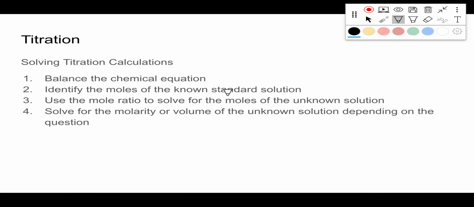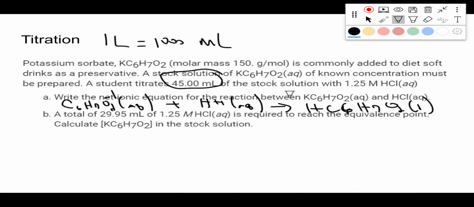So if I go back to my previous slide, it says first, balance the chemical equation. Next, identify the number of moles of the known standard solution. So I have to figure out my known and the number of moles. So right now, this is what I have. I have 1.25 molarity of HCl. And I know that I've used 29.95 milliliters of my HCl.